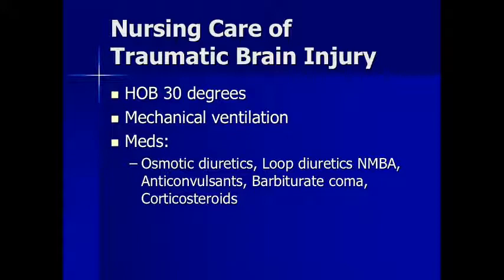Other drugs we'll see are corticosteroids. Dexamethasone is the primary one used, and usually you'll hear the name Decadron for dexamethasone. This drug acts by its stabilizing effect on the cell membrane and by inhibiting prostaglandin synthesis.